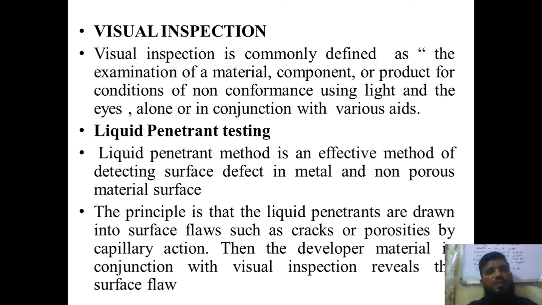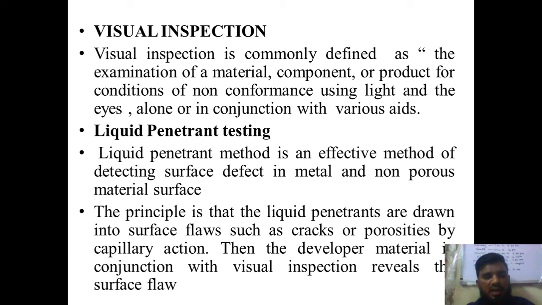So, visual inspection. Visual inspection is commonly defined as the examination of a material, component or product for conditions of non-conformance using light and the eye alone or in conjunction. That is nothing but you just pass a light. For example, you might have used an optical microscope in testing material in the MMS lab. In that, we pass a light and observe under a microscope, and you can see the distribution of the grains inside the material.